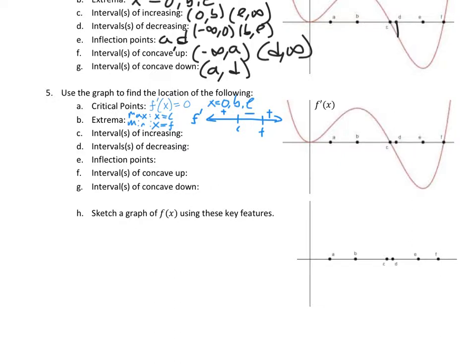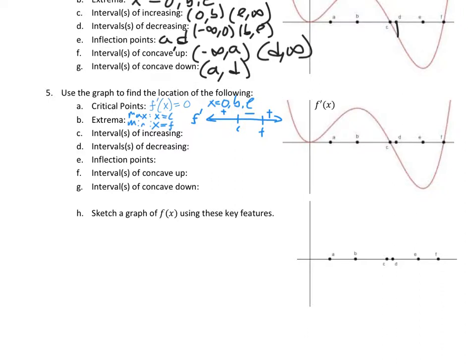All right, so that's a key. So this 0 here is not an extrema in this case, because the derivative, the sign of the derivative does not change. Now, intervals of increasing and decreasing. Let's see here. We're increasing.